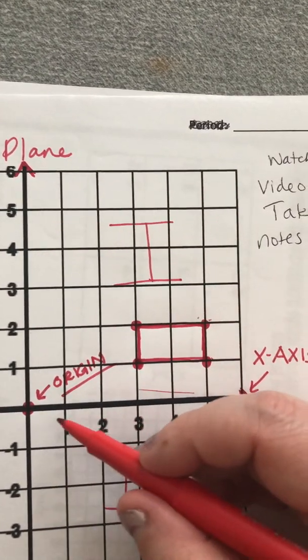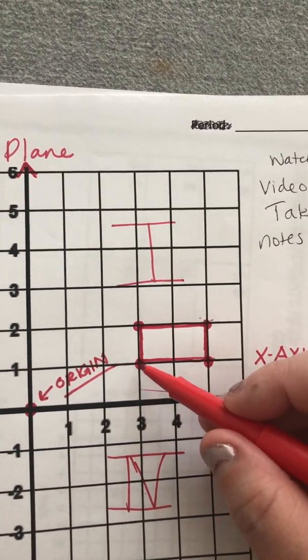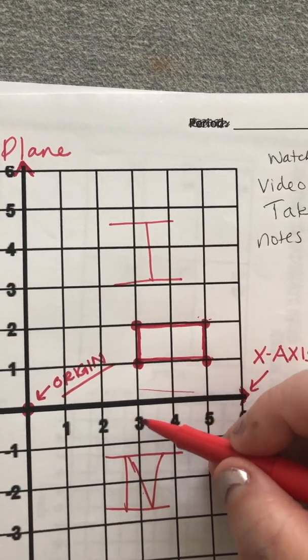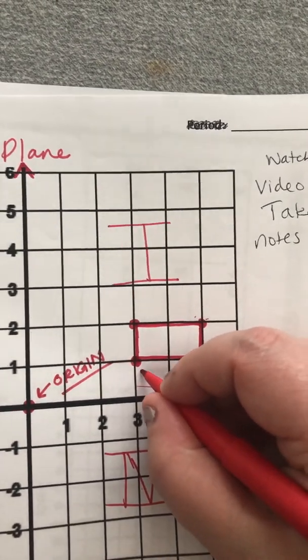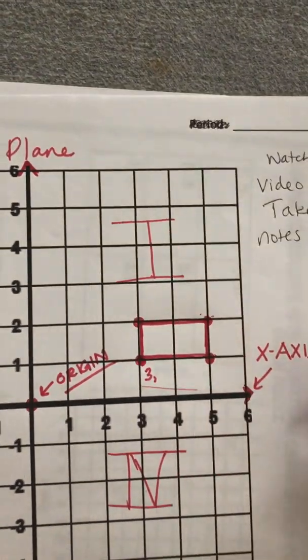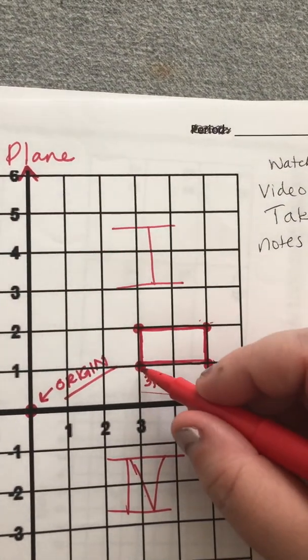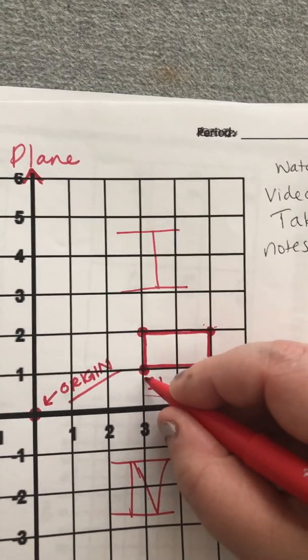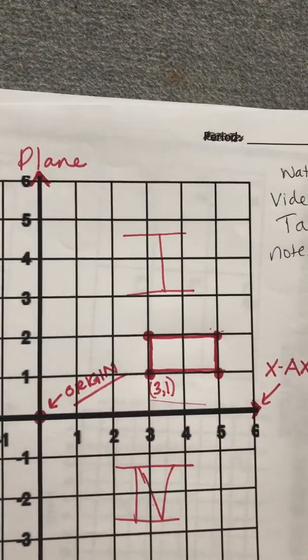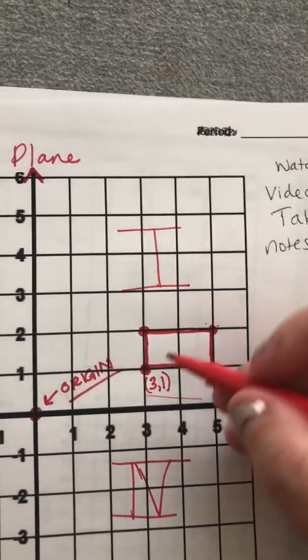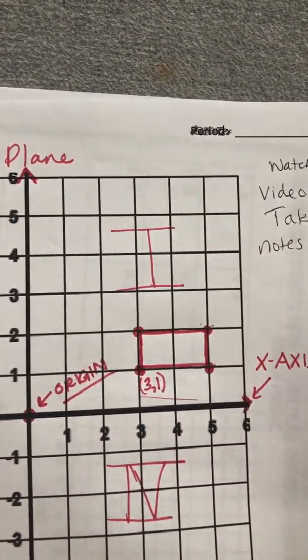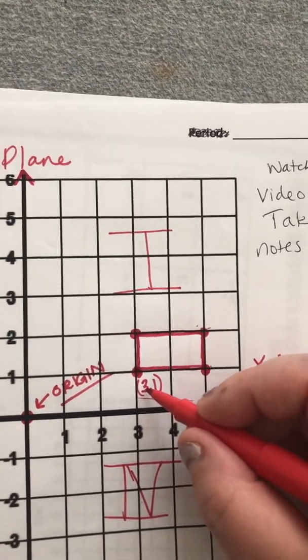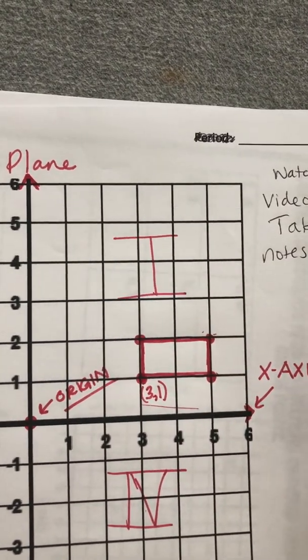We write the number it goes to on the x first. So it goes to the 3, so we write 3 and put a comma, and then it goes to the 1, so we write 1, and then we put parentheses around it. That's the location of that point. It's (3, 1). It means x is 3 and y is 1.